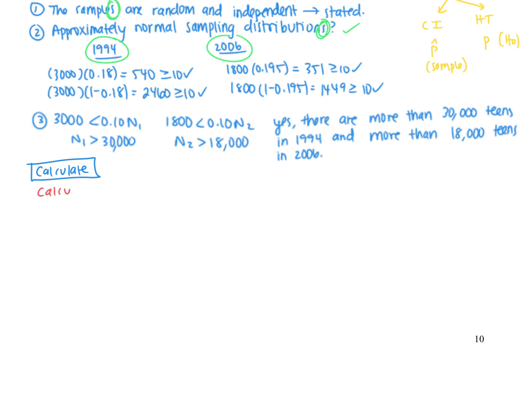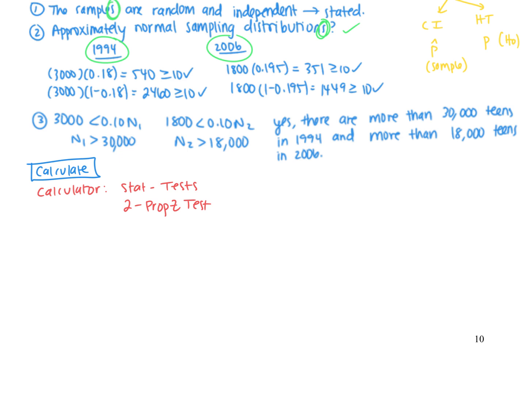Okay, you're going to go to stat, you're going to go to tests. And we've talked about the one for proportion says proportion. So I think it's 7 or 8. You're looking for 2-PropZTest. Find that?